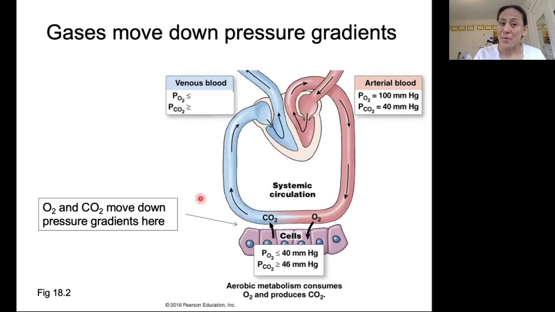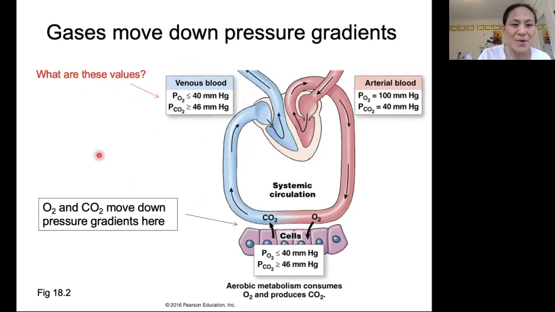All right, so I'm gonna ask you kind of the same question here. What do you think these values are here? So now that you've seen the reasoning from the first one, hopefully you can figure this one out. Take a moment. Okay, so basically the values are going to be the same as the values in the tissues, right?